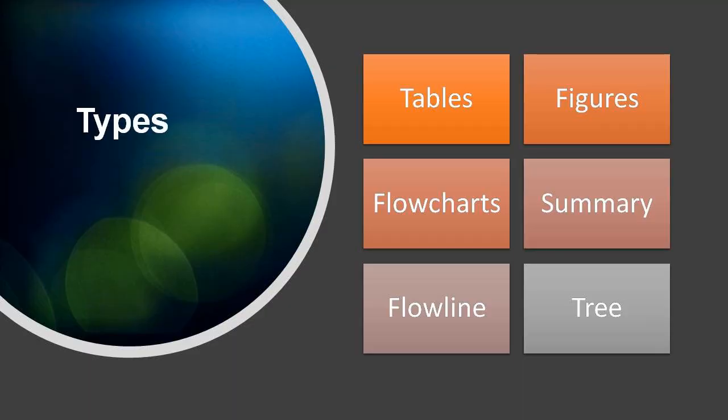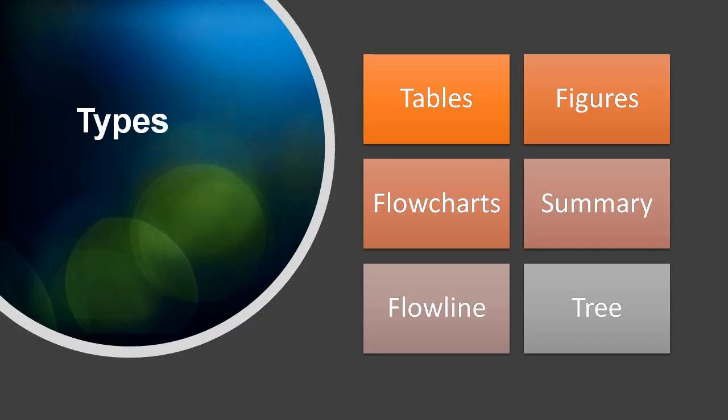So what types of graphics do we usually use in a research paper, in our illustrations or any other document? For example, we use tables, figures, flow charts, and sometimes we show the summary of any particular paragraph or section label wise.